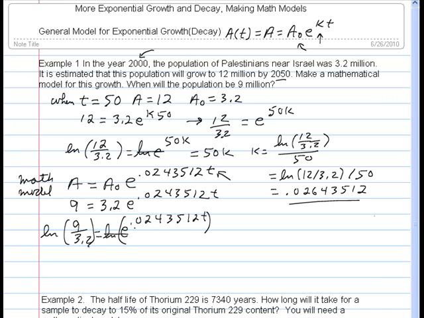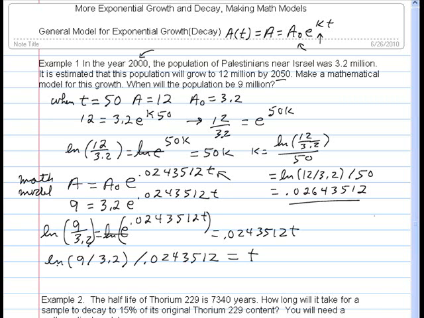Then again, the ln and the e reverse each other, and so I get ln of 9 divided by 3.2, and this is of course just going to be 0.02435512 T, so I'll say divided by 0.02435512 will give me T.